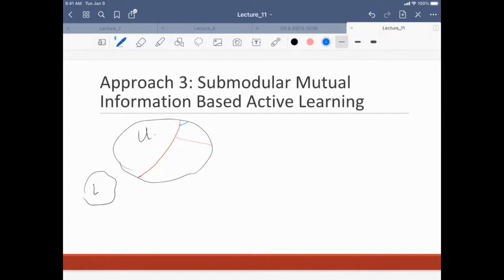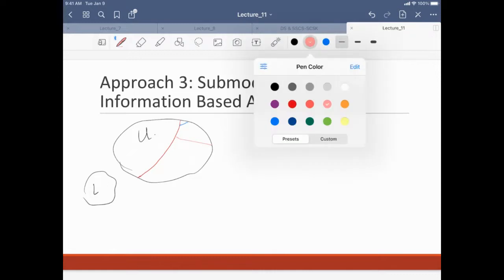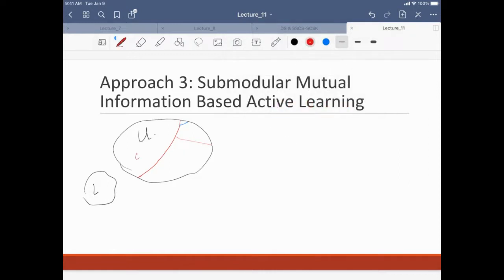Sorry, say this is class 1, I forgot the colors, but say this is class 2, and this is class 3, and this small portion over here is class 4. As you can see, class 3 and class 4 are underrepresented in my unlabeled set.